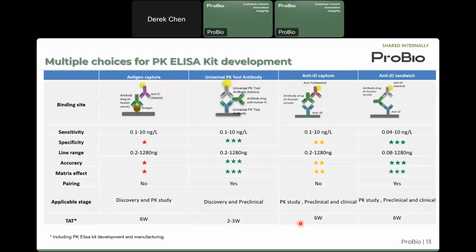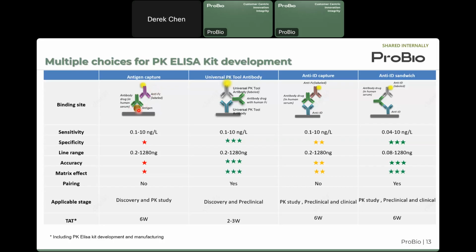Typically, there are several different assay formats available for PK assay development. Antigen capture is commonly used in discovery stage since it is relatively cheap and easy to set up without the requirement of anti-idiotype antibody generations.